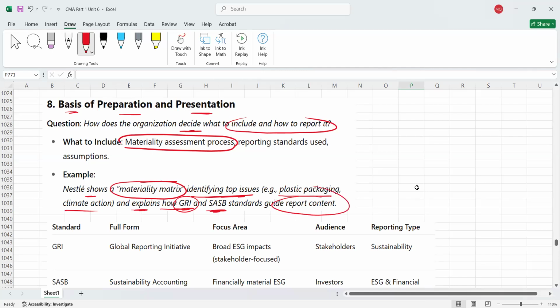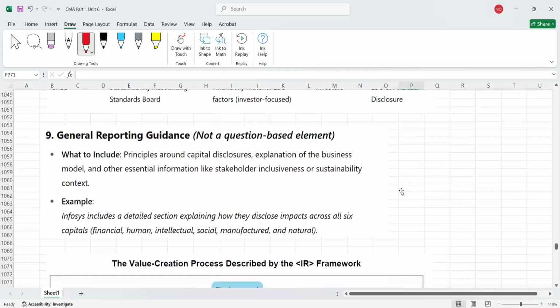So in simple words, guys, in this section you are trying to define how you decided which information should be part of integrated reporting. For that you can show the materiality matrix also, a kind of table.